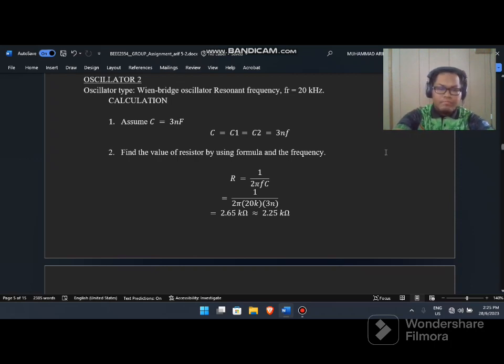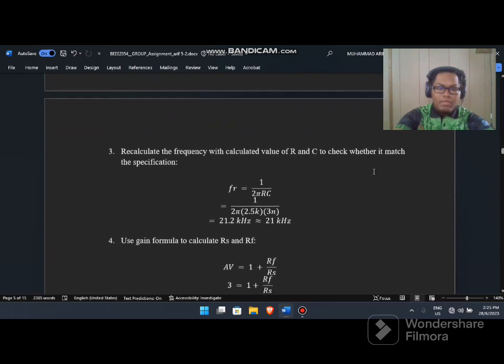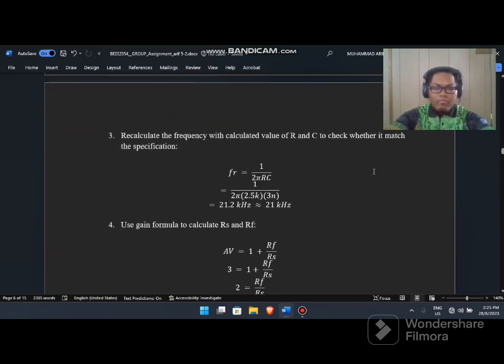Third, we recalculate the frequency with the calculated value of R resistor and C capacitor to check whether it matches the spec. The given frequency Fr is equal to 1 over 2 pi RC, with R the resistor and C the capacitor.